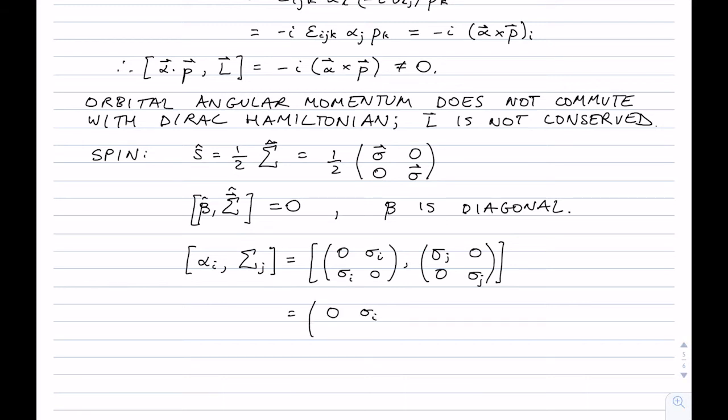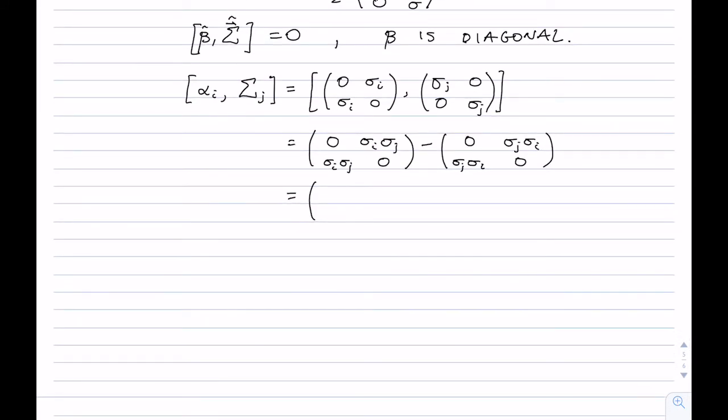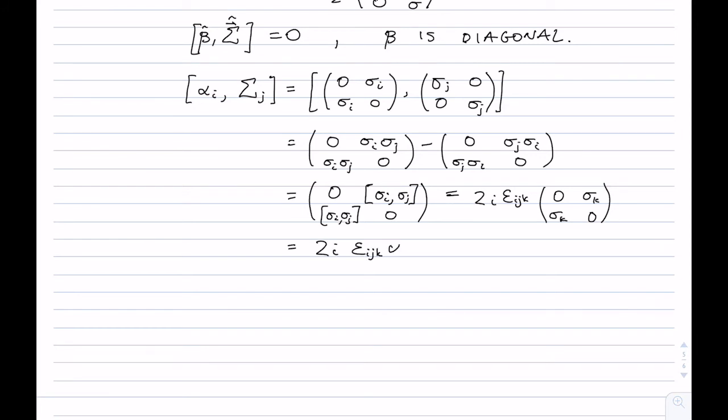So the first term is sigma_i sigma_j, 0, minus the reverse term, sigma_j sigma_i, 0, which is the commutator of sigma_i and sigma_j, 0, which is equal to 2i epsilon_ijk sigma_k, or we would write this as 2i epsilon_ijk alpha_k.